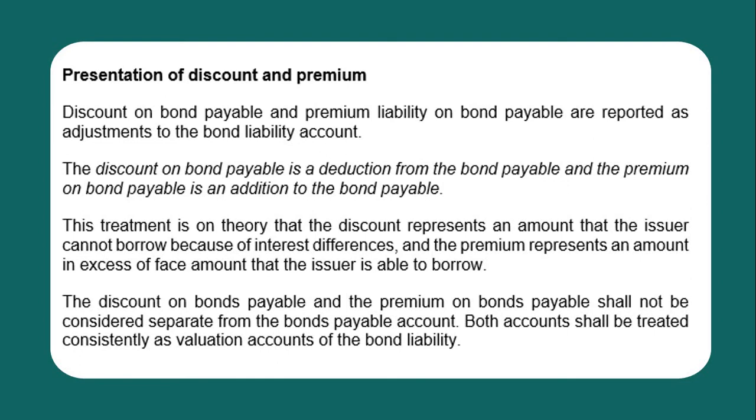Whatever the difference or the total will be considered as the carrying amount of the bonds. If it is a discount, the carrying amount of the bond will be bonds payable less discount. For premium, the carrying amount will be bonds payable at face amount plus the premium.